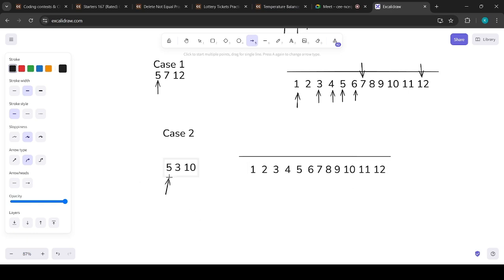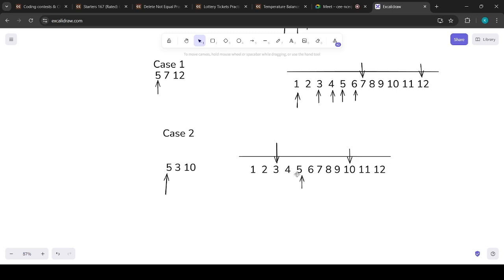Chef is taking the first lottery ticket, which is 5, and the others are taking number 3 and number 10. First we will check the previous number taken by another person. So we can take the equidistant number from 5, so that the distance between 3 and 5 is equal.